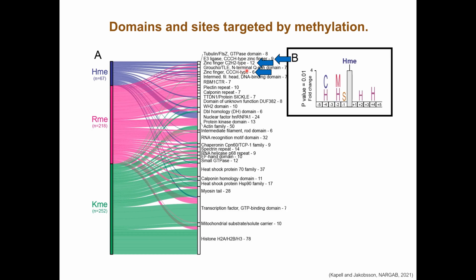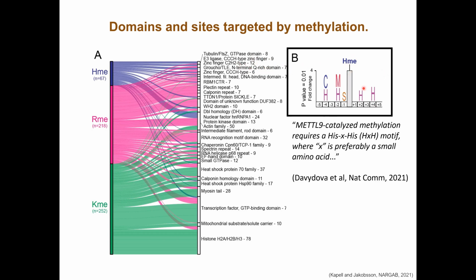And also looking into the primary sequence context of these histidine methylation events, we found that they were present in a primary sequence context of repetitive histidine residues, with histidines in the -2, -4, +2, and +4 positions. And this is actually exactly the motif that is responsible for coordinating zinc in these zinc binding domains. And this motif also matches well with the literature.